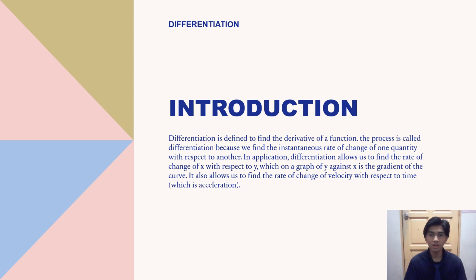In application, differentiation allows us to find the rate of change of y with respect to x, which on a graph of y against x is the gradient of the curve. It also allows us to find the rate of change of velocity with respect to time, which is acceleration.